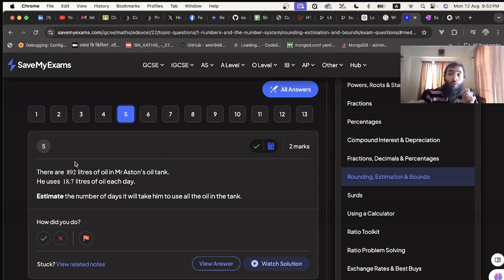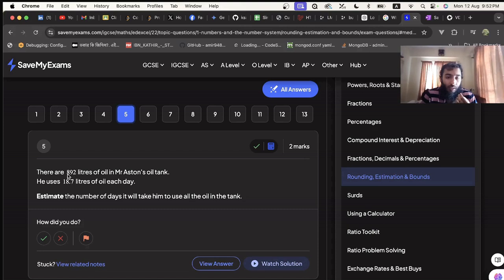So now if I focus on problem number 5, which says there are 892 liters of oil in Mr. Aston's oil tank. He uses 18.7 liters of oil each day. So you have to estimate the number of days it will take him to use all the oil in the tank.